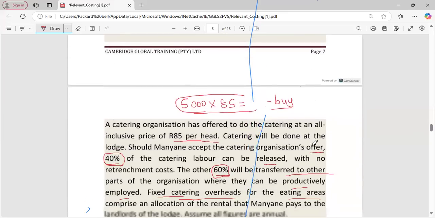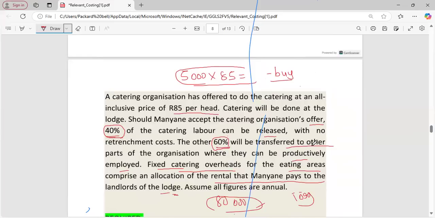So if we accept the order, we are going to release the 40%. So it's going to be a relevant cost in the sense that it's going to be part of the cost when we accept the catering organization's offer.